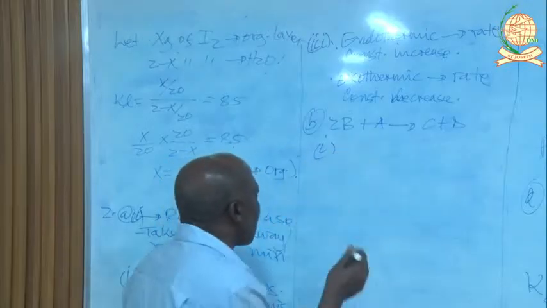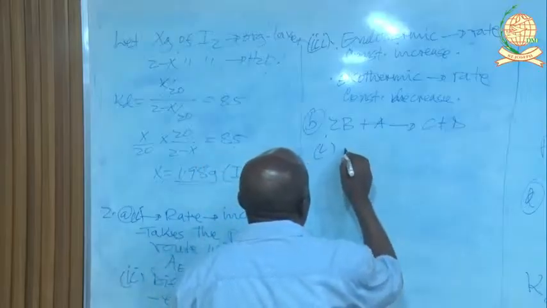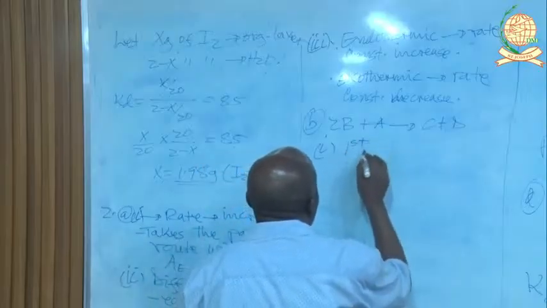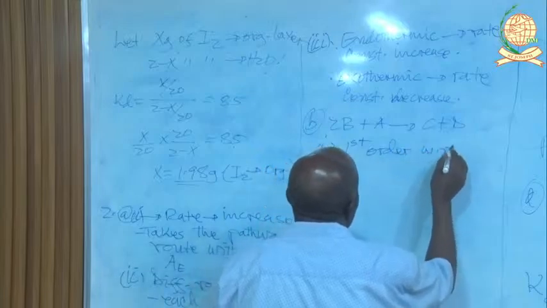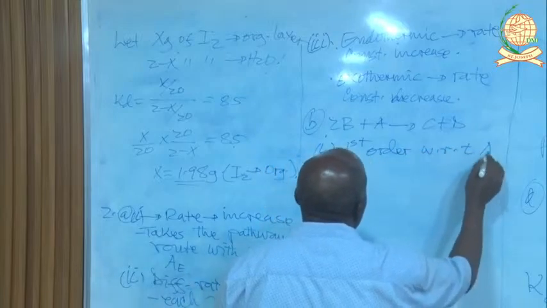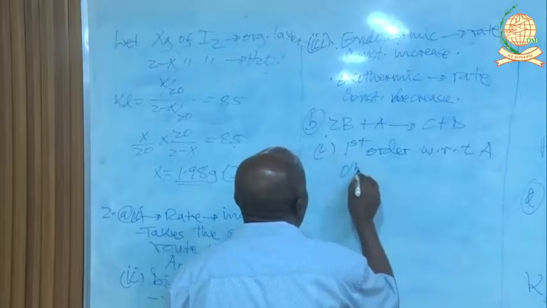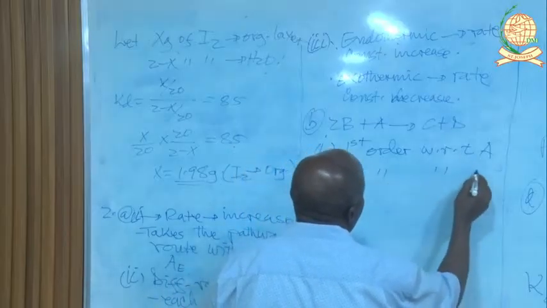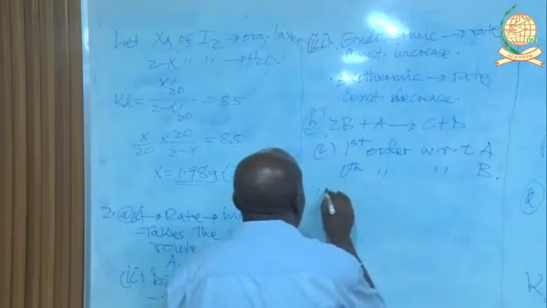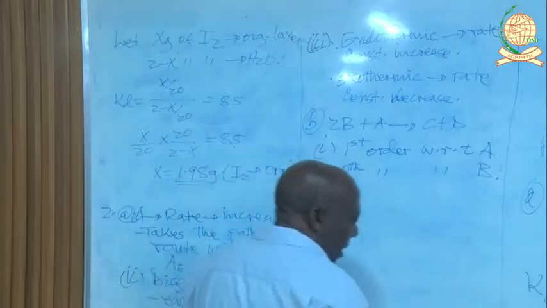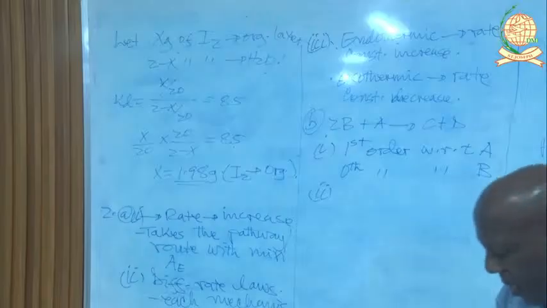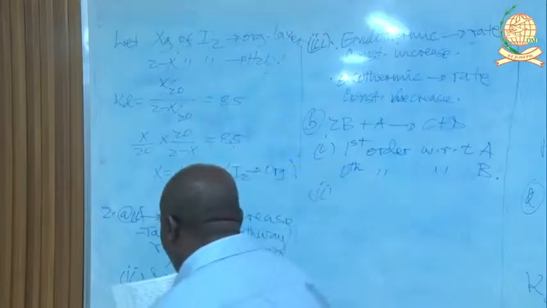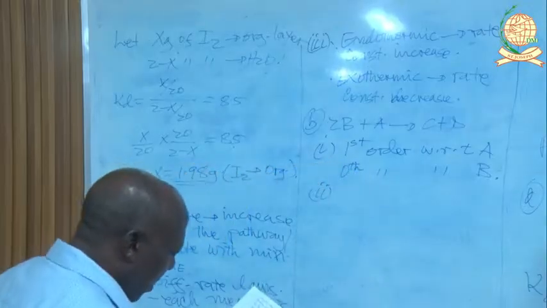So it shows that the reaction is first order with respect to A, and it is zero order with respect to B. So it shows that even if the concentration of B was doubled, still the rate of reaction was not affected.